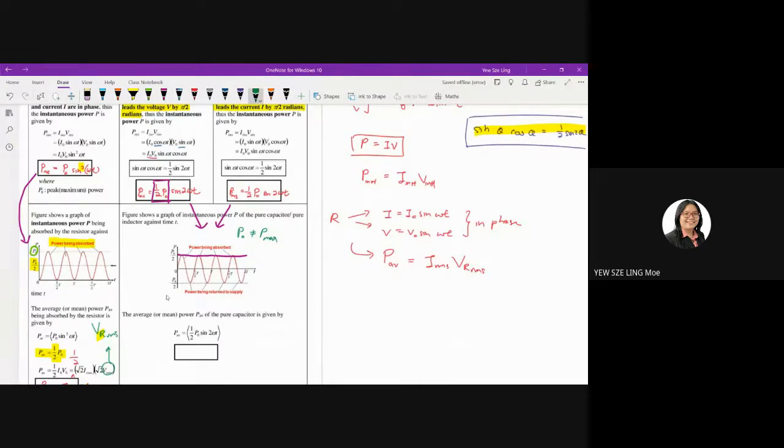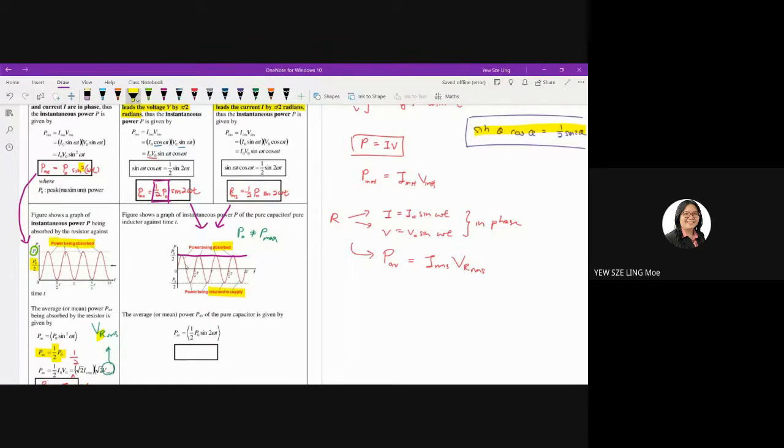Now, again, if you look at this graph, because you have positive power and negative power, what does it mean? When your power is positive, the power is being absorbed by the component, by the capacitor and inductor. And when it goes back to negative, it means the power is being returned to the supply, it's being released.